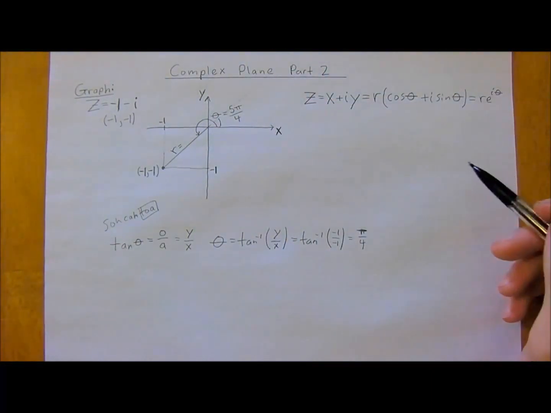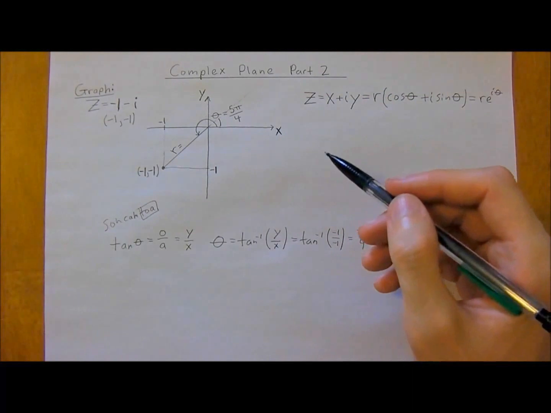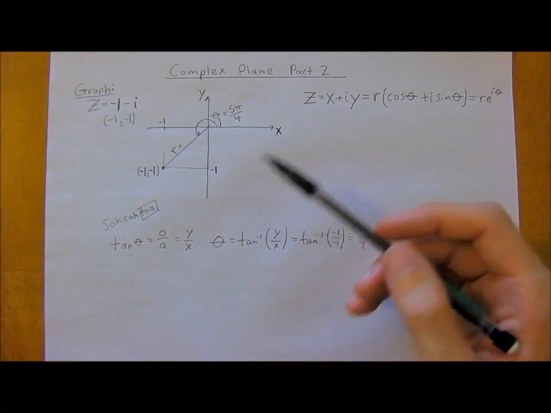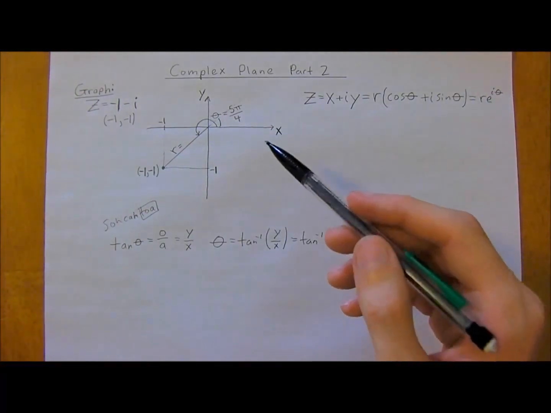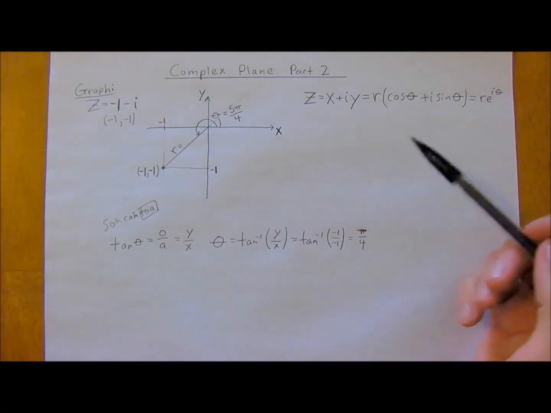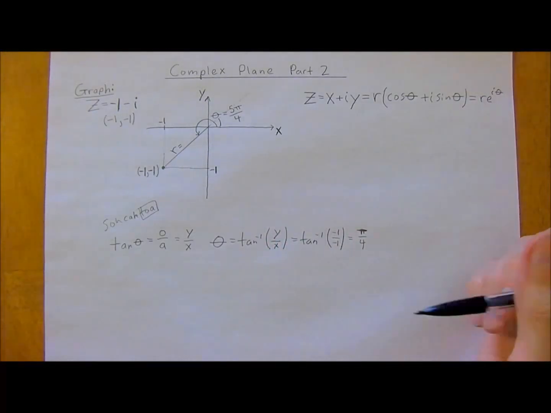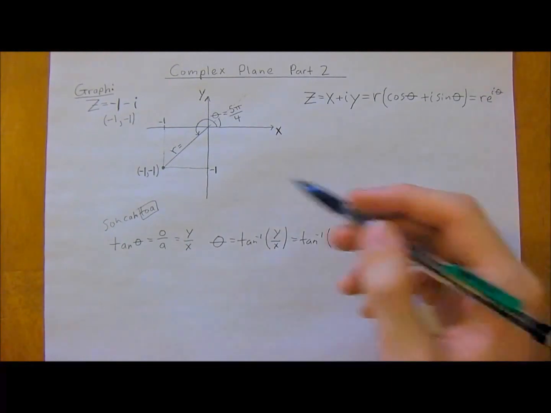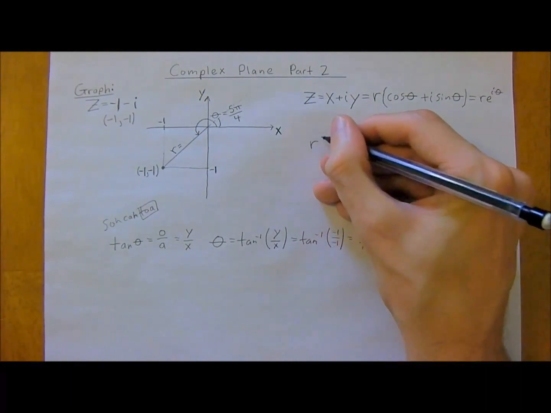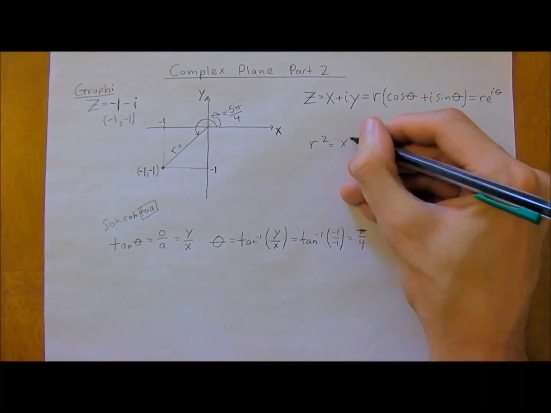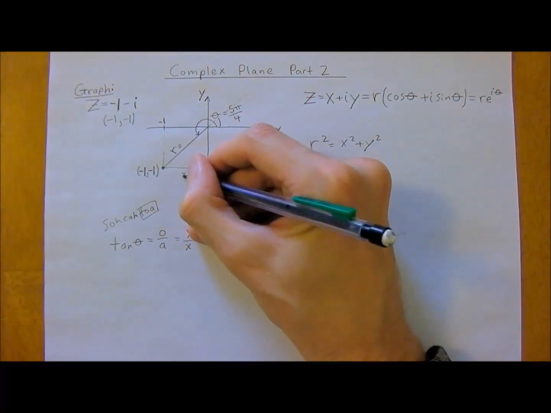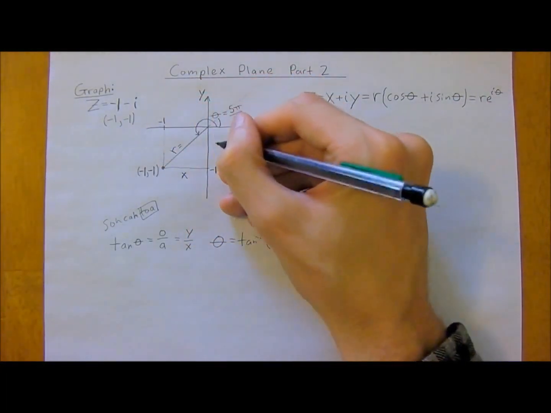And so it's very important when you do work with imaginary and real parts of complex numbers and graphing it, that you do actually graph it, and just make sure that your angle checks out. Of course, we can figure out r still. R, as we did in the last video, r squared equals x squared plus y squared. So this is our x, this is our y.